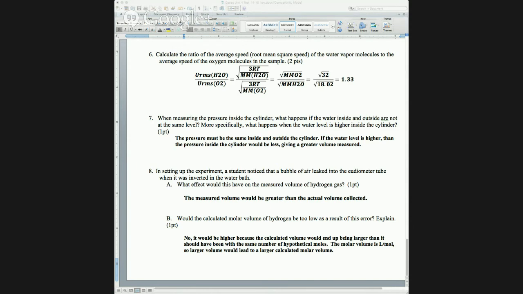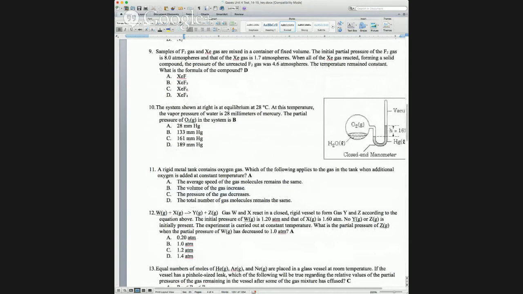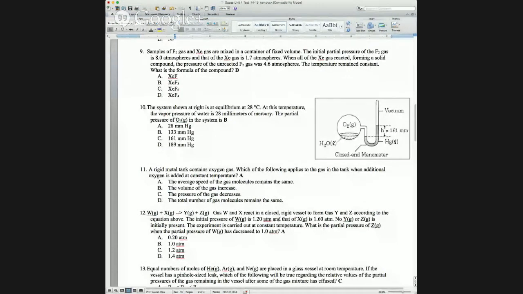We have 10 and 6 on the multiple choice. So I'm going to go ahead and scroll up. Number 10. Here we go. The system shown at right is at equilibrium at 20 degrees Celsius. At this temperature, the vapor pressure of water is 28 millimeters of mercury. The partial pressure of O2 in the system is... Well, this one is unfairly simple.